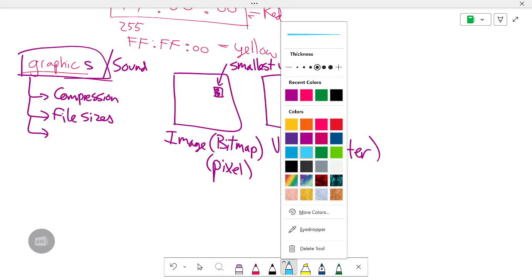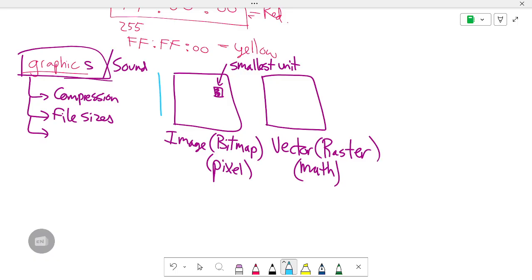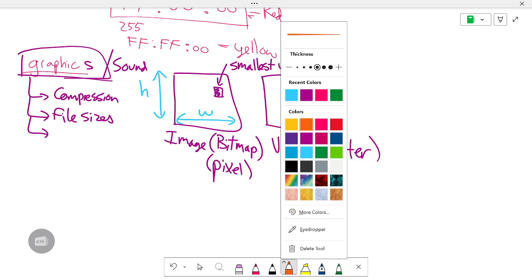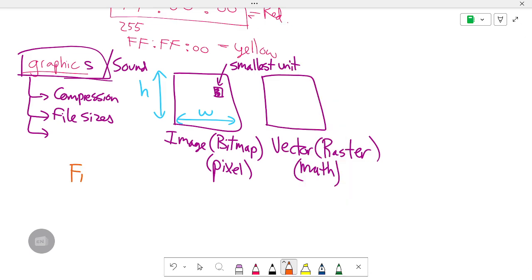So when we're talking about file size, you have the height and the width. How to calculate the file size? What is the equation? Can anyone tell me how to find the file size of a bitmap? Does anyone remember the equation?